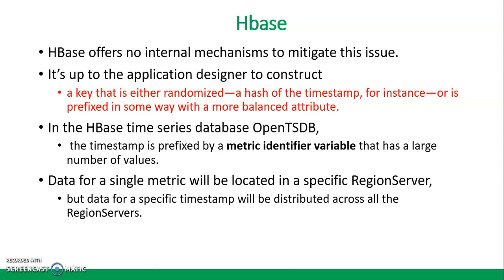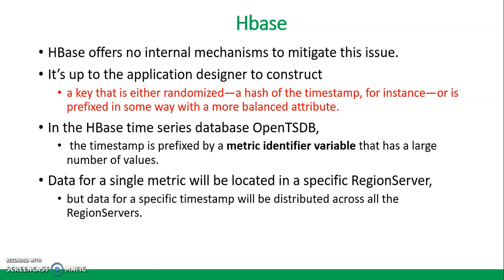It is up to the application designer to construct a key that is either randomized, a hash of the timestamp for instance, or is prefixed in some way with a more balanced attribute.